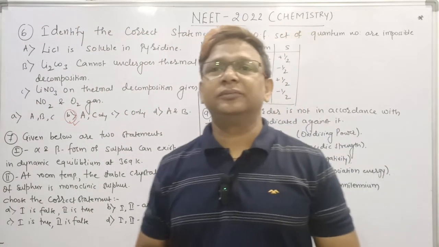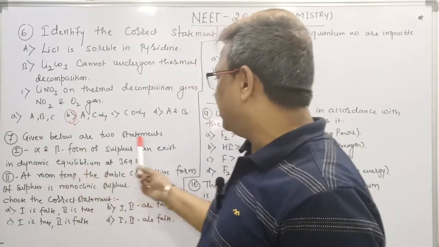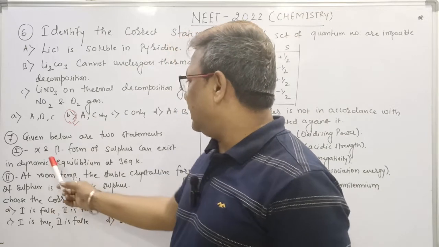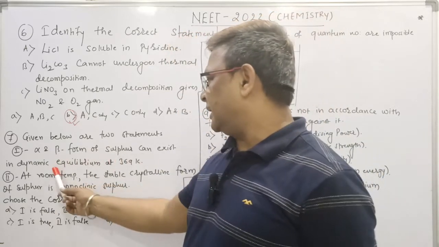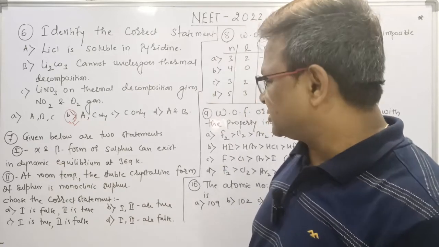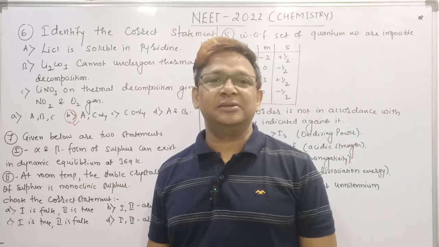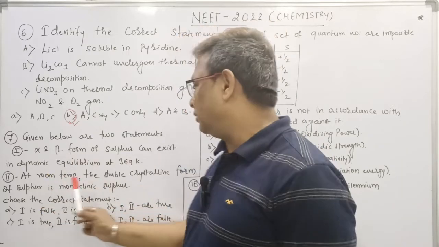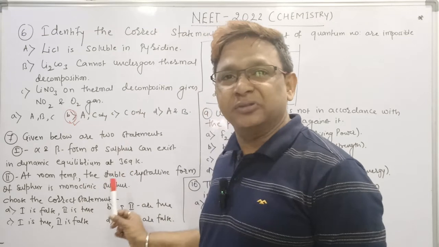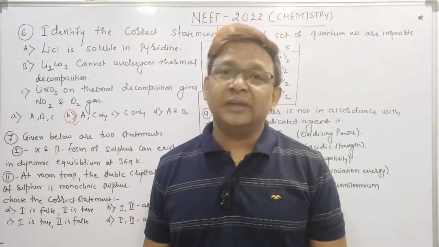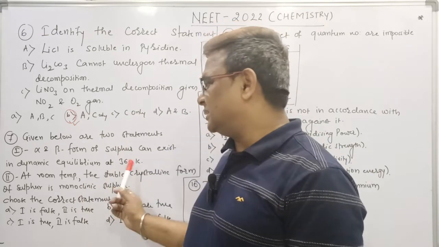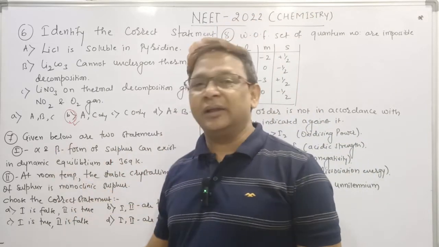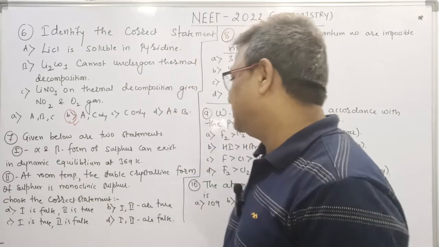Question number 7 now. In this question, given below are two statements, and it is coming from our P block elements. Alpha and beta forms of sulfur can exist in dynamic equilibrium at 369 Kelvin. NCERT statement, it's a correct statement. Alpha and beta forms of sulfur are in dynamic equilibrium at 369 Kelvin because 369 Kelvin is called the transition temperature. Below that alpha, above that beta, and at 369 they both are in dynamic equilibrium, right.